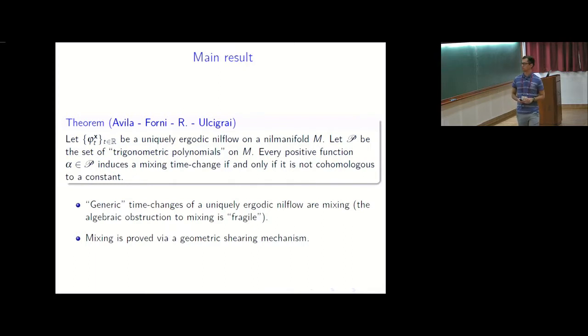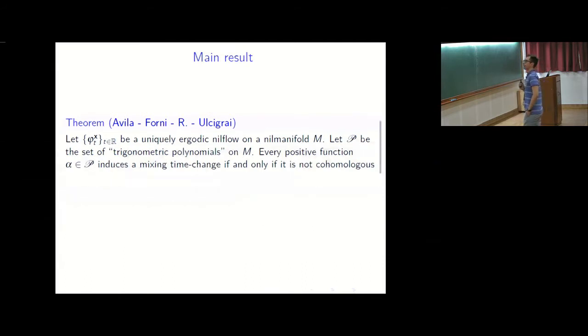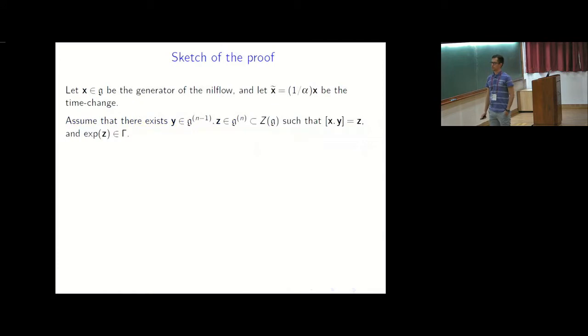Okay, you have some more time, so I can say a few words about the proof. Let me give a brief sketch of the proof. Let's consider our generator of the Nilflow and the time change induced by 1 over alpha. For simplicity, let me assume that we can find two other vector fields, Y and Z, such that Z is contained in the center.